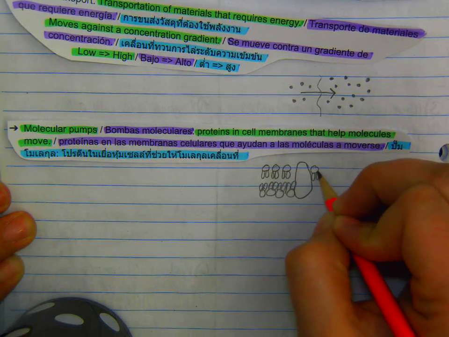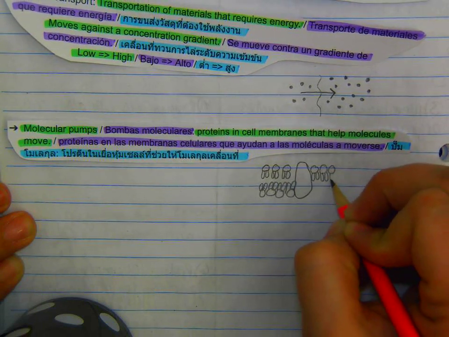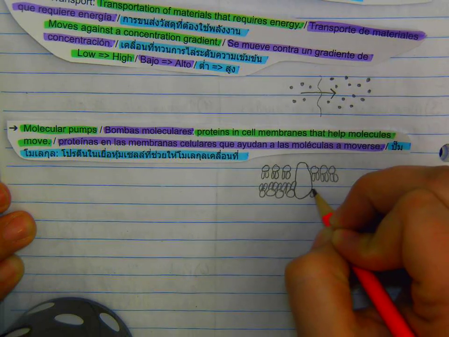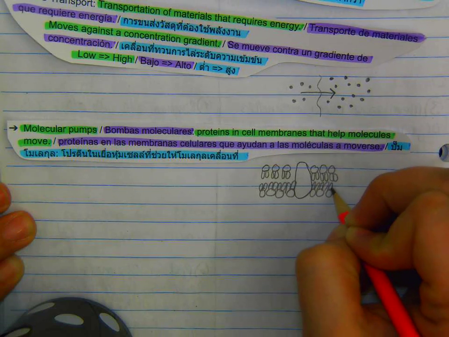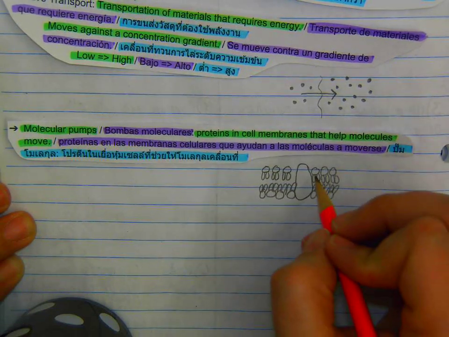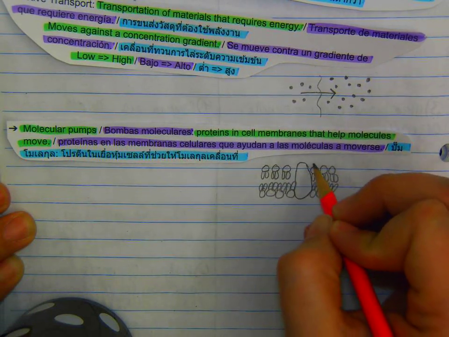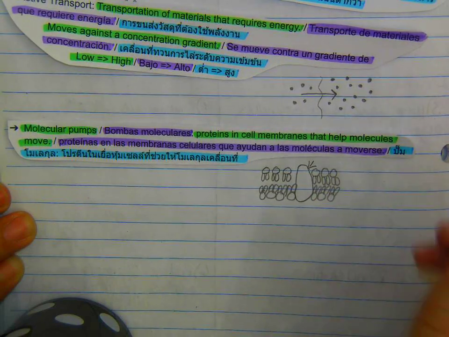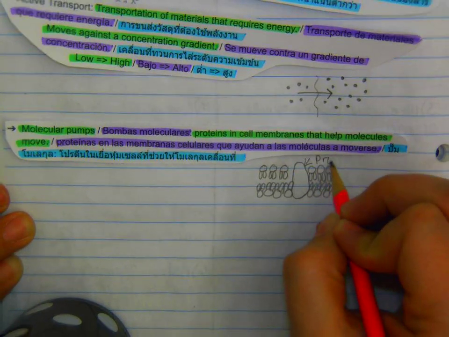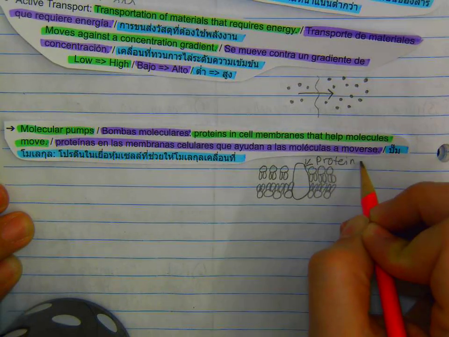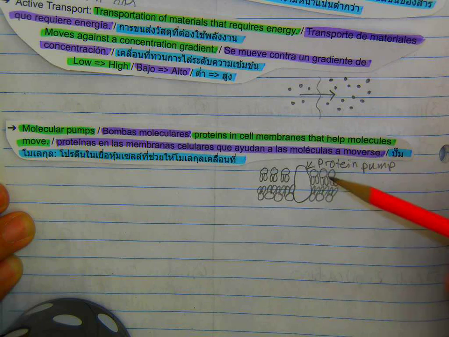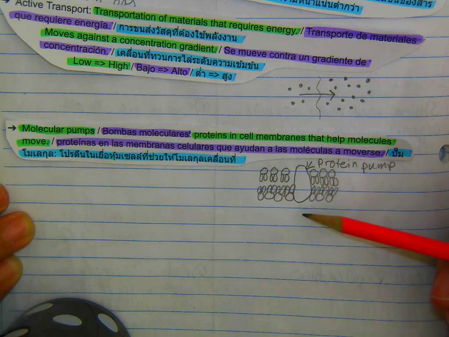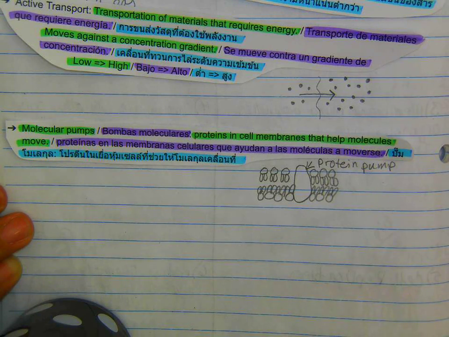And then our membrane continued with its phospholipids on its bilayer. So, if we're drawing this, we have our protein pump. It helps molecules move either into the cell or out of the cell with the use of ATP energy.